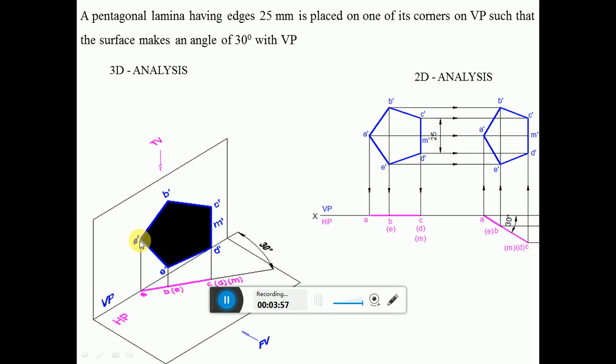You can see A dash M dash is inclined to VP, so you will get the apparent length here. But in the first case, AM is still parallel to VP, so I am getting the true length.